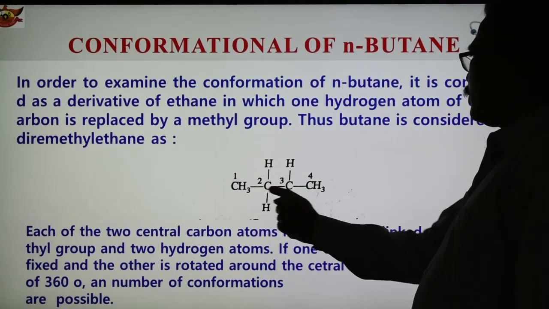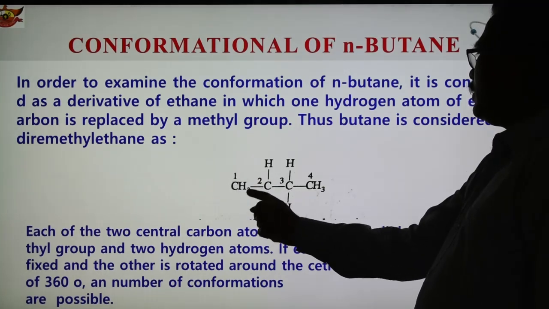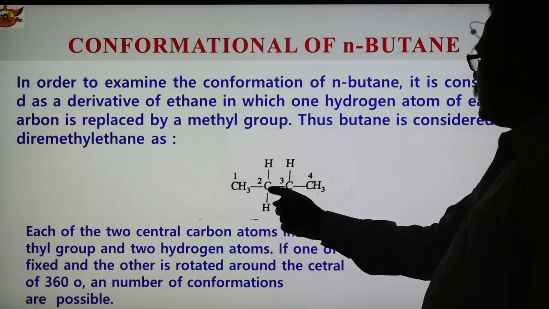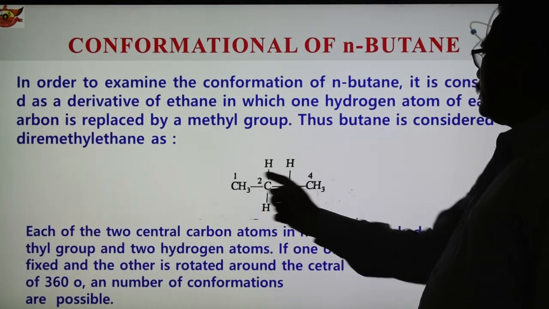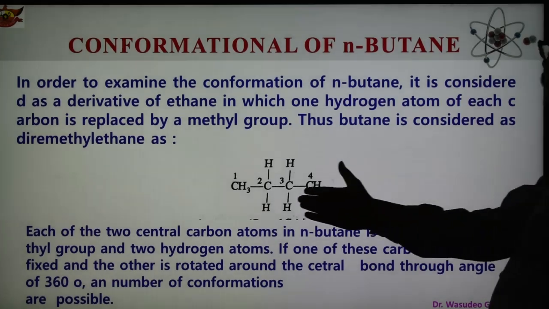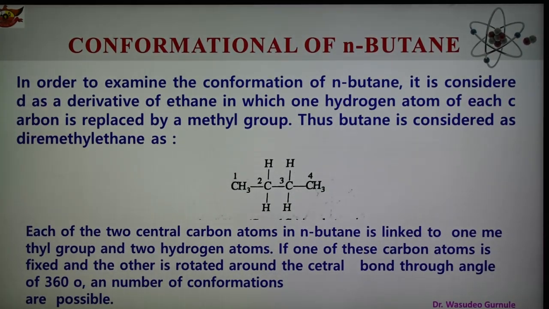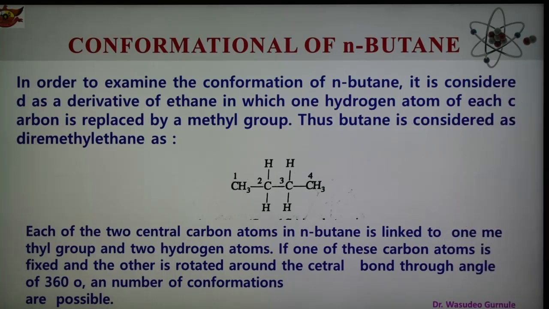This is ethane, with 2 carbons, and one of the hydrogens of each carbon is replaced by a methyl group. See here, CH3, but now one hydrogen is replaced by methyl on both carbons, and we get dimethyl ethane, or we can say it is a derivative of ethane, and therefore butane is also considered as dimethyl ethane.